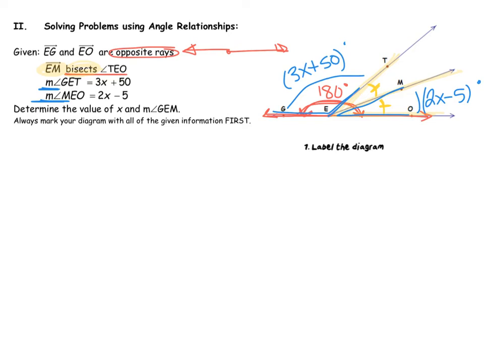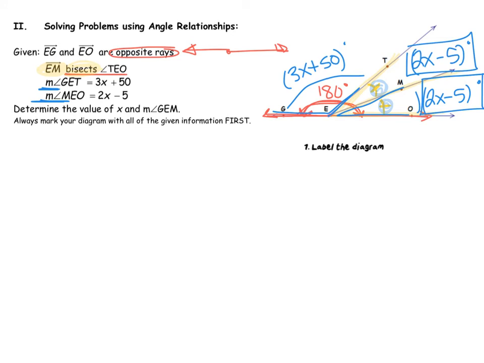Okay, so hopefully you paused the video and you may have noticed this very helpful bit of information. Because these two angles are congruent, that means that they have the same measure. So I have 2x minus 5 here, and I know this is the same, so I'm also going to put 2x minus 5 here.